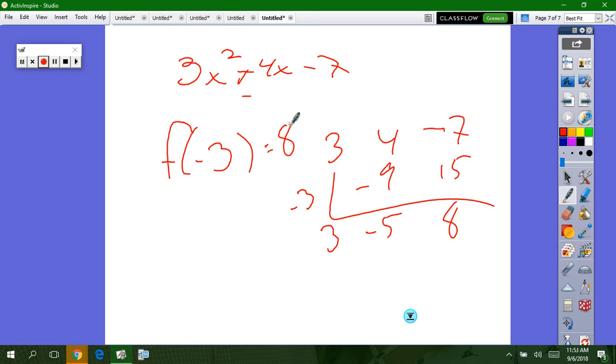So if the remainder is 0, what does that mean? There's no remainder, which means your point is on the x-axis, which helps us find our zeros, which we're going to get deeper into next time.